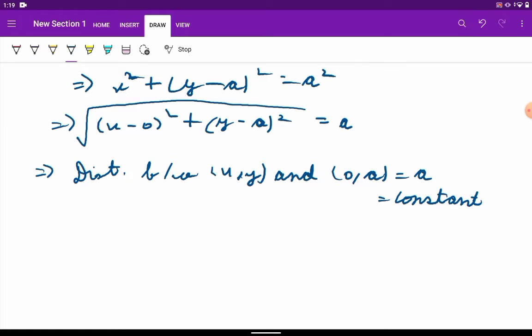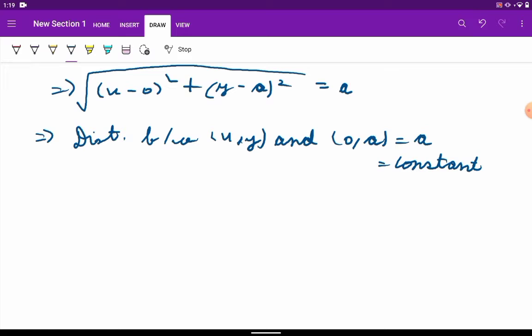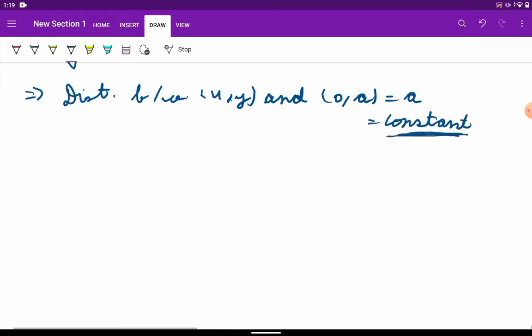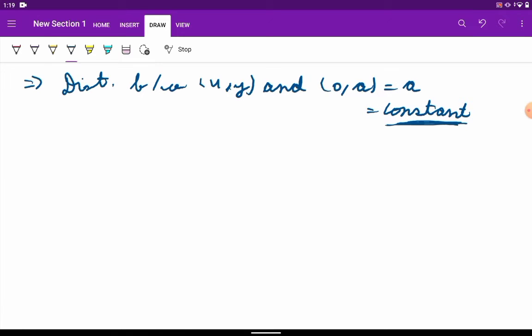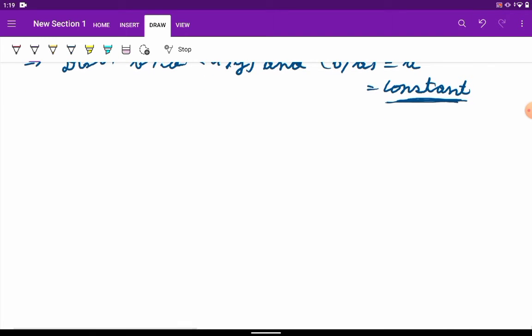Now we know that if the distance of a moving point from a fixed point is constant, it is basically traveling in a circular path. If you were to plot it, it will be something like this trajectory.